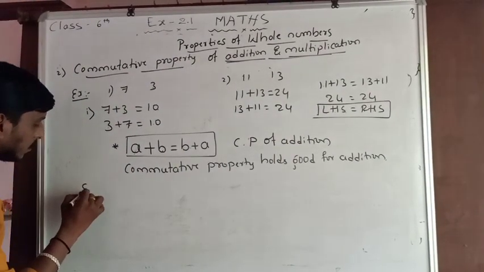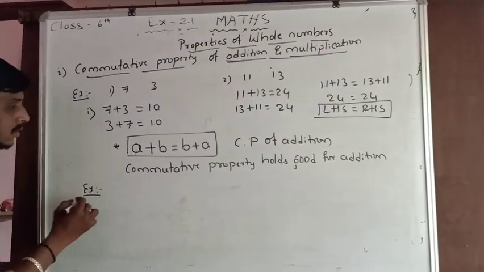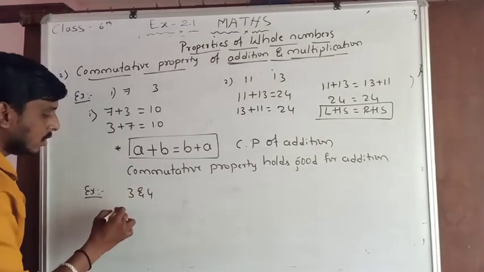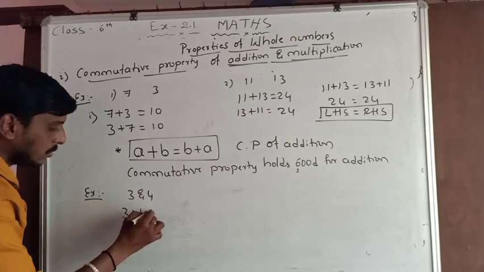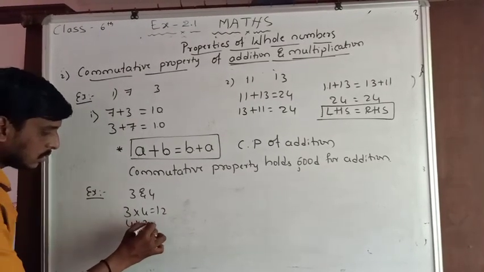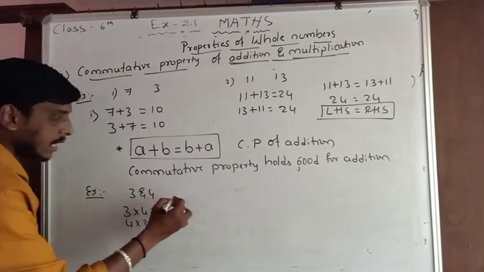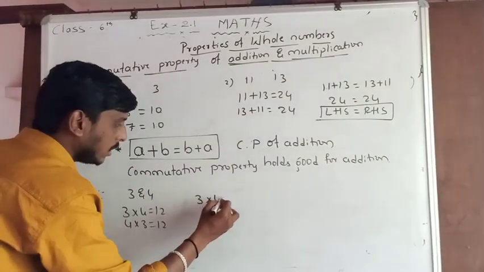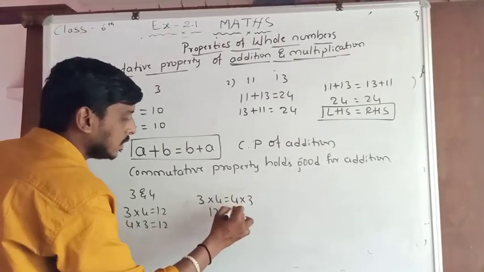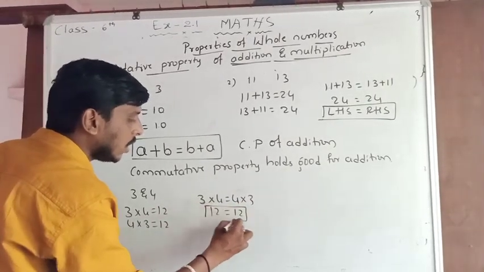Again, first I will take an example for multiplication. I will take 3 and 4. The product 3 into 4, how much? 12. Change the order: 4 into 3, how much? 12. Or you can write 3 into 4 equals 4 into 3. 3 fours are 12, 4 threes are 12. Both LHS equals RHS.